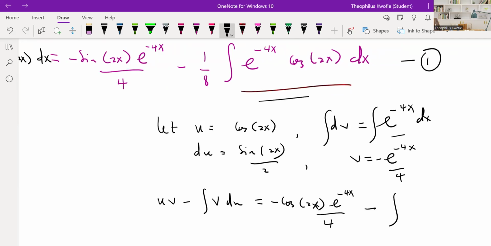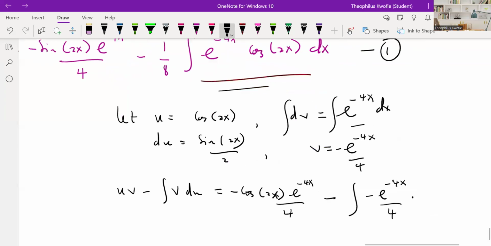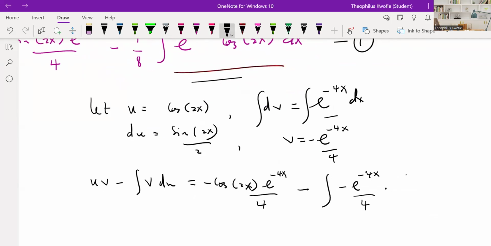What is our v? Our v is minus that, but then we can pull it outside, right? So we have v is minus e to the power minus 4x on 4. And then our du was what? Sine of 2x on 2 dx. So dx has to be here.